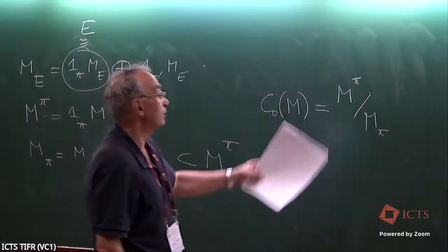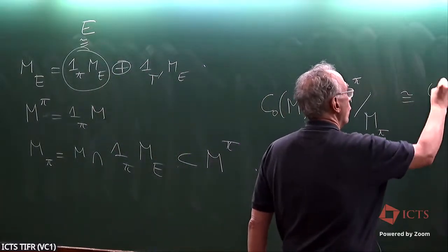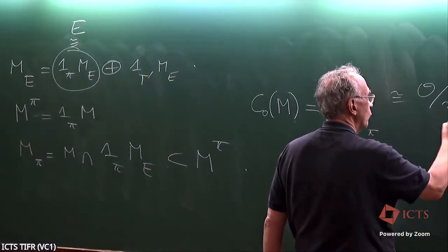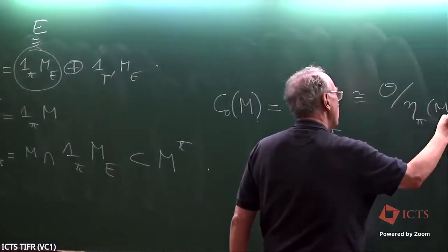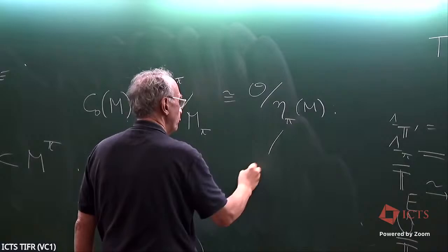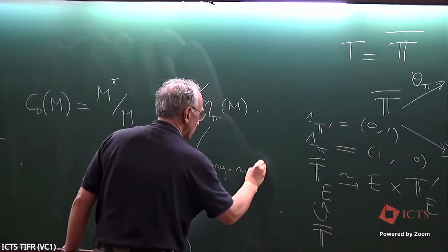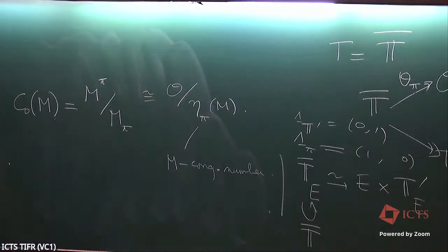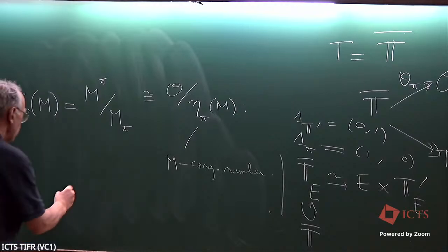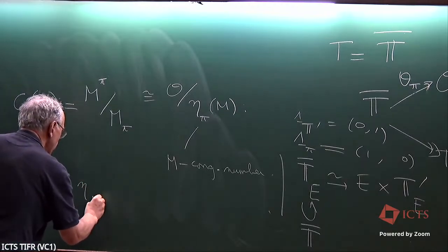As we said, it is isomorphic to O modulo something, which is called the M congruence number. It may not be equal to the Hecke congruence number, but it is always a divisor.